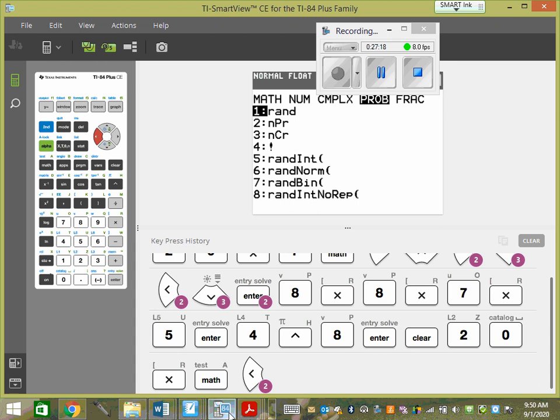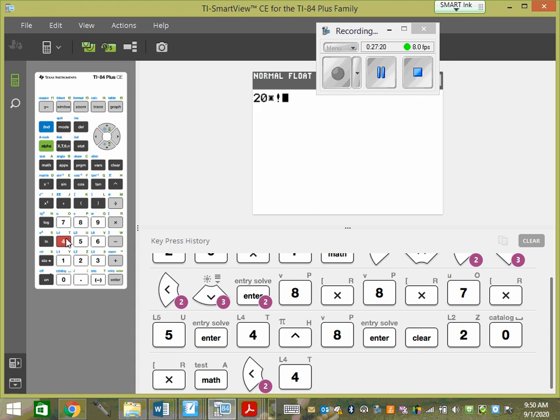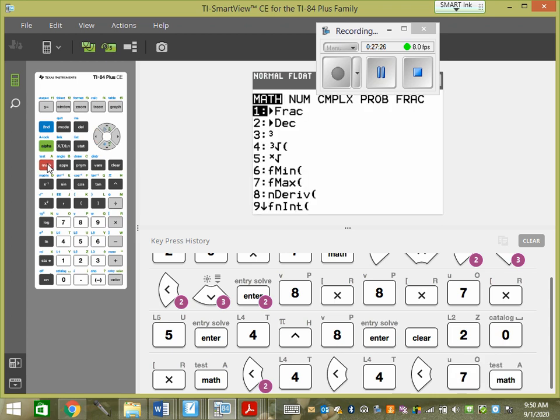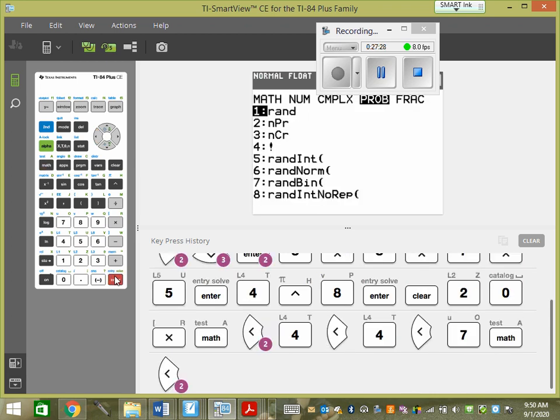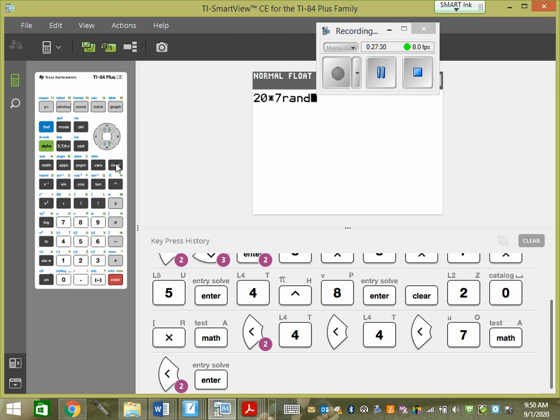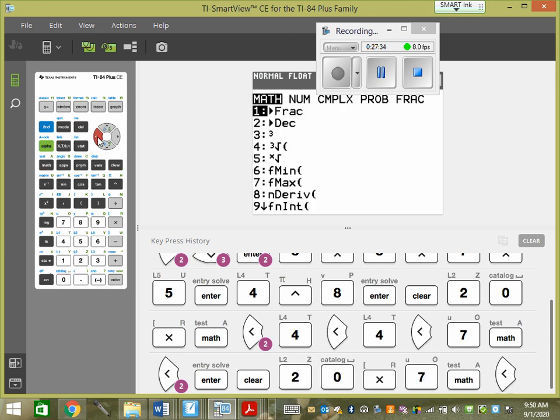So if we go back to here and press 4, nope, I had to put the 4 in first. 4, I have to put a 7, oh my gosh, 7, math, probability. Wow, 20 times 7 math.